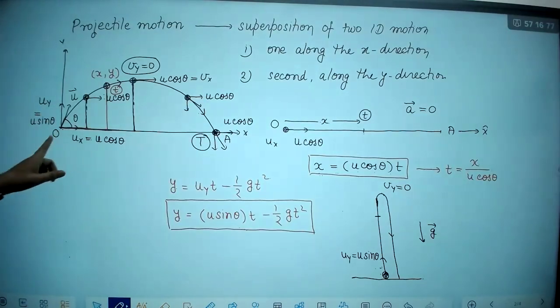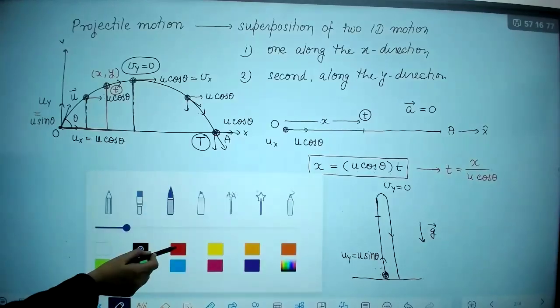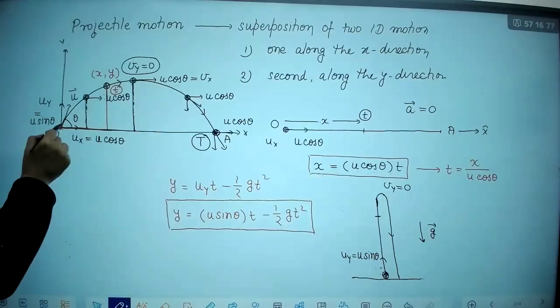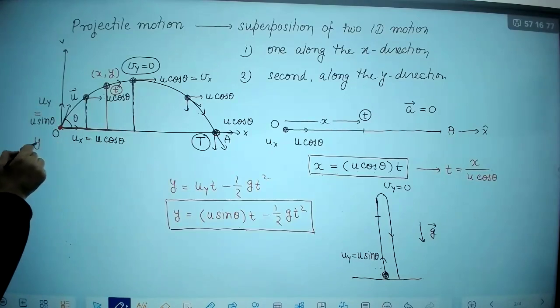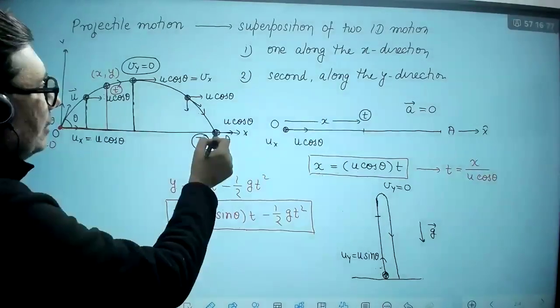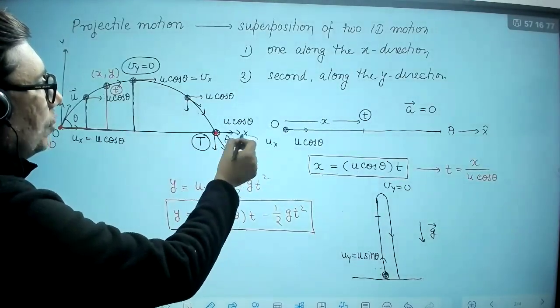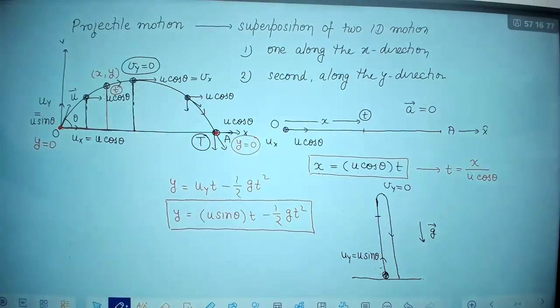Can you tell me at point O, what is the y coordinate? That is 0. And what is the y coordinate at this point? Again y equal to 0. So there are only 2 points in the projectile motion where y is 0.